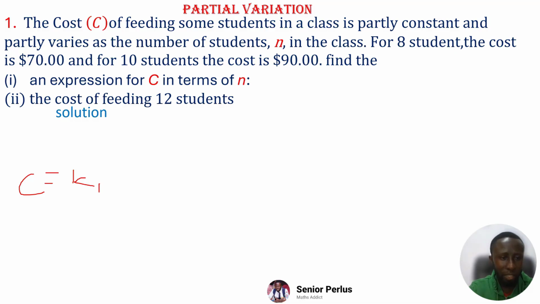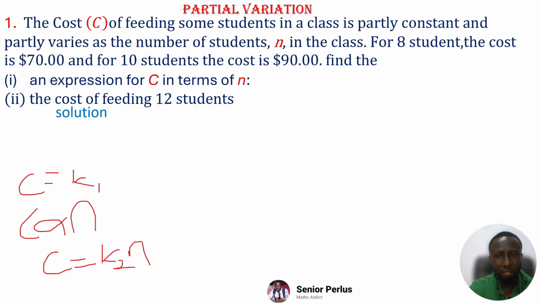That's the N. So C varies as the number of students. And let's write this one in equation form, where we introduce the K. We already have K1, so let's make this one K2N.